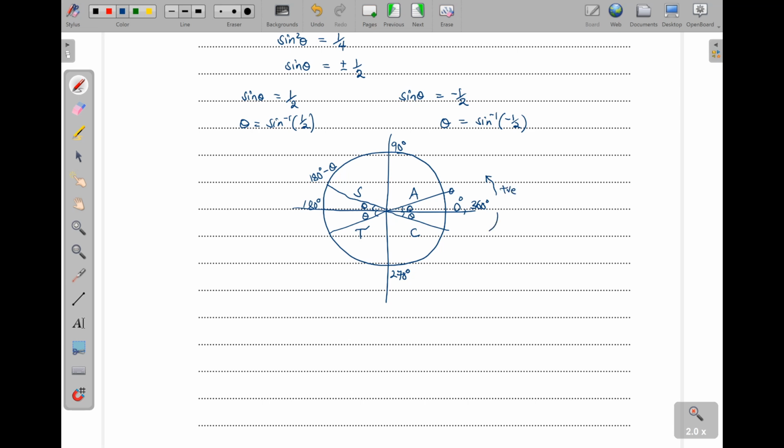Then when we move clockwise, the angles are negative. Okay, you are moving in the negatives. Now, of course, to move from here up to here, that is 180 plus theta. That is in the third quadrant. And then in the fourth quadrant, you are moving from here up to here. So you just get the total, then minus this theta here. So meaning, what you are going to have here is 360 minus theta.